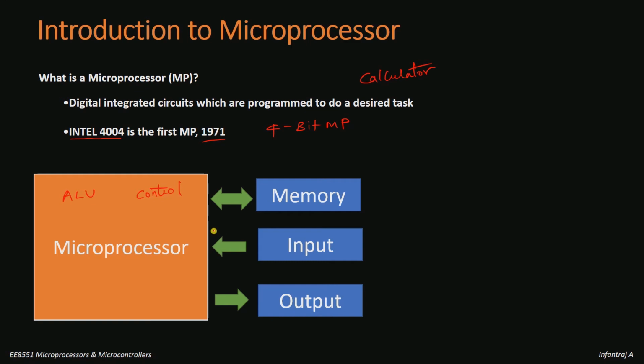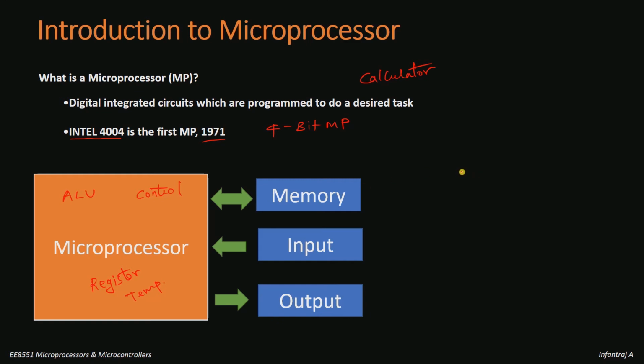A microprocessor by default will have registers. These registers are again storage devices, but they are meant only for temporary purposes. At the time of computation, these registers are deployed for doing particular calculations.